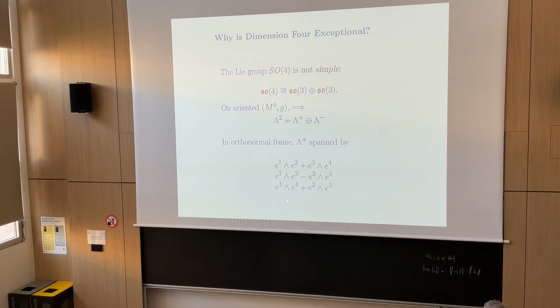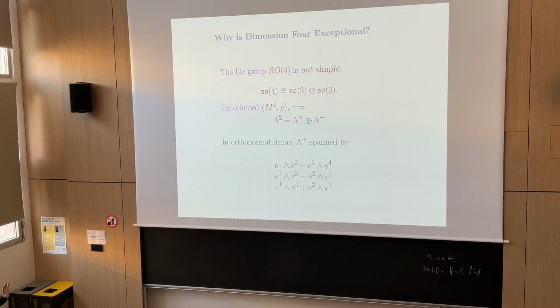These all have the same norm. By standard conventions, these are actually not of unit norm, they have norm square root of 2, but who cares? These are actually giving a basis for the self-dual 2 forms. These are all orthogonal to each other with respect to the standard inner product.